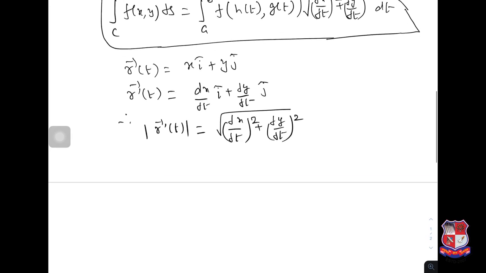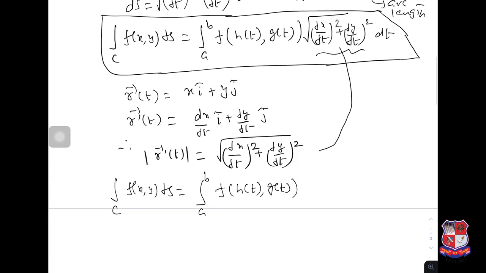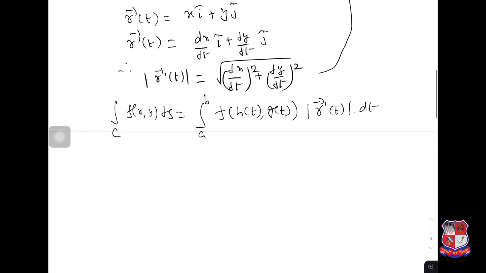So sometimes this line integration can also be written like this: integration along C of f(x, y) ds is equal to integration from a to b of f(h(t), g(t)) times the magnitude of r'(t) dt. This way also we write. So let us take one example.